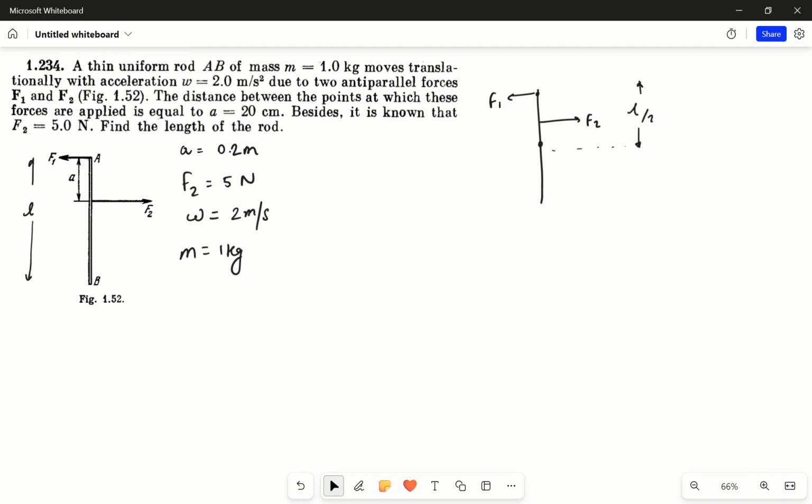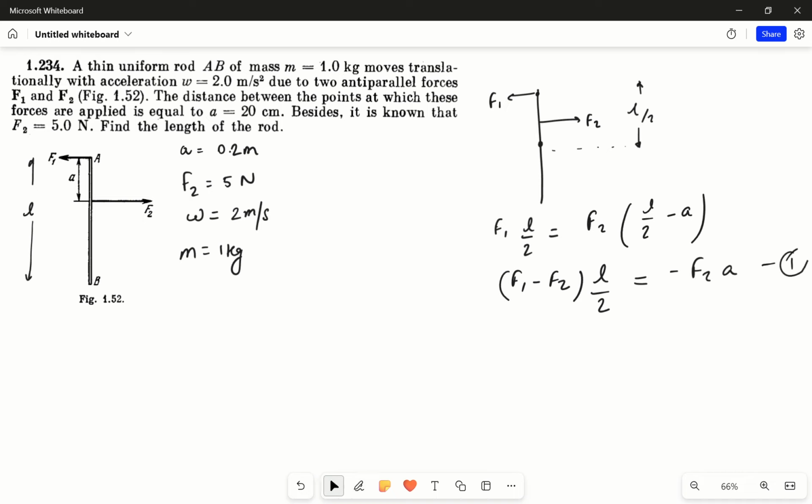Balancing torque about this point, F1 into L by 2 minus F2 into (L by 2 minus A). So from this equation what we can say is (F1 minus F2) L by 2 equal to minus F2A. So this is our first equation.